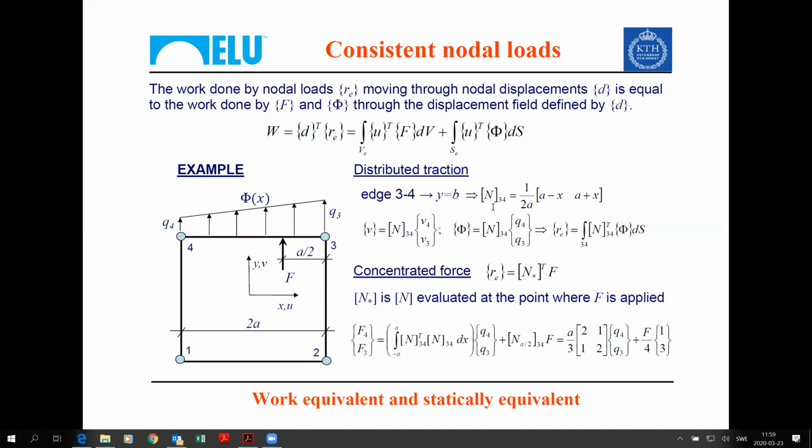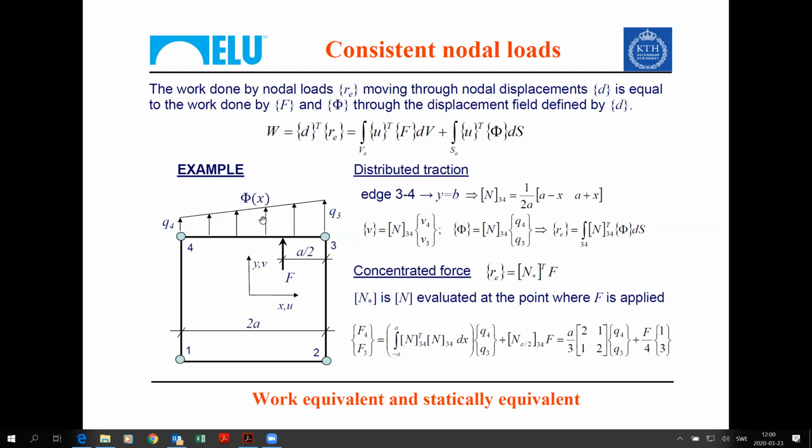Then the approximation of the displacement on this edge would be 1 over 2a, (a minus x, a plus x) times (v4, v3). This is how the displacement of v along the edge 4-3 can be constructed. We simply insert y equal b in our shape functions, and we will determine the variation of v along the edge 4-3.